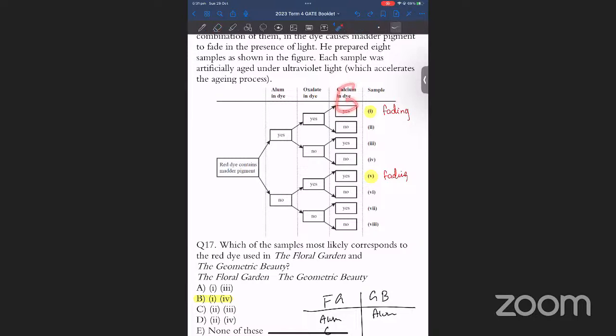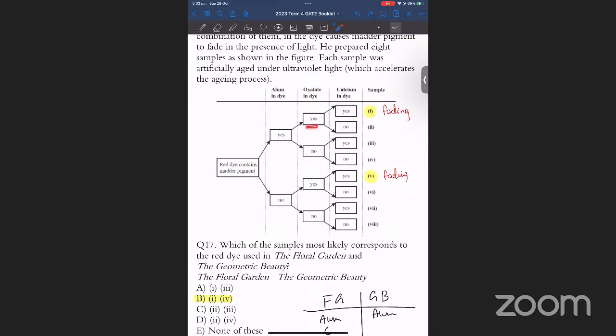Does calcium cause fading? Sample III had calcium, but did sample III fade? No. So calcium doesn't always cause fading. Sample VII also had calcium, but it did not fade. So calcium alone does not cause fading.